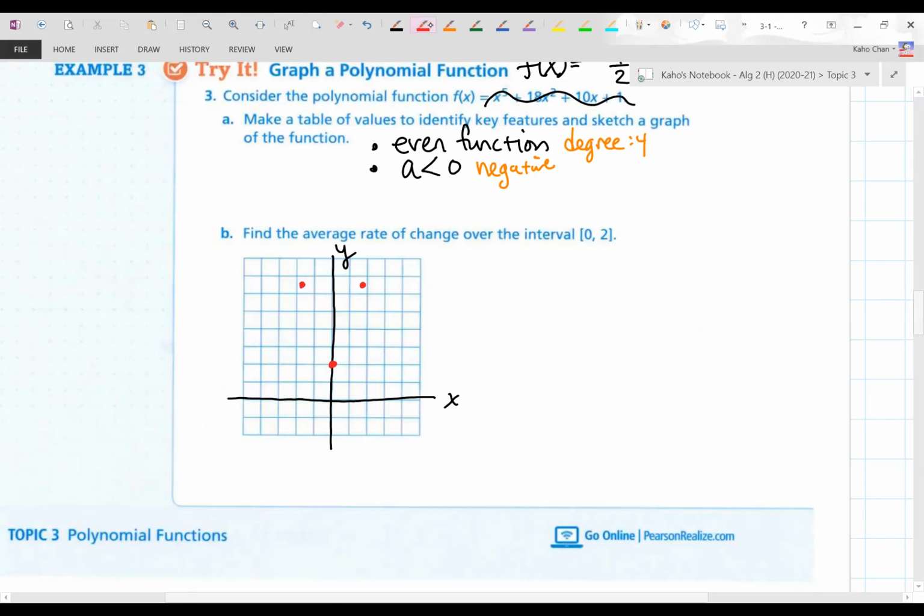The graph itself looks like this. Okay, this is not the best exact drawing from Desmos, but it's pretty close. Let me give you those points. 1.73, 6.5.